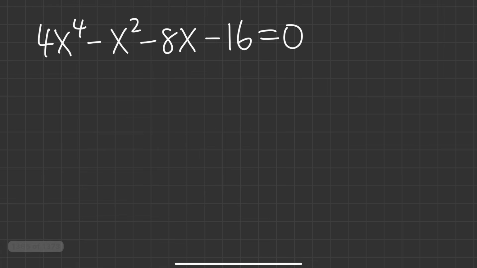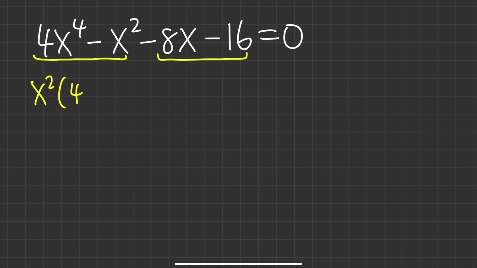Now, let's try another quadratic equation with 4 terms. But if you look at this, if you try to do it by grouping with the first 2 terms and the last 2 terms, for the first 2 terms, we can factor out x squared, and we get 4x squared minus 1. And then for this right here, I had to factor out a negative 8.